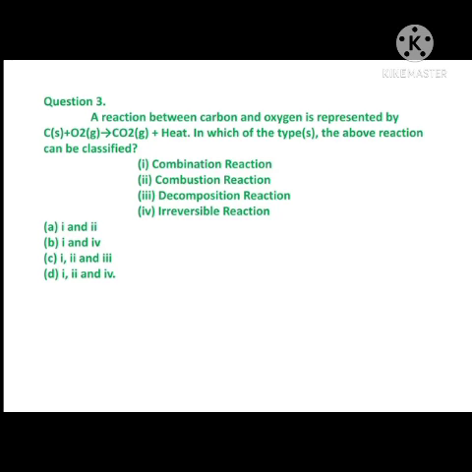Combination reaction means in a reaction two or more reactants combine to form a compound. Here carbon and oxygen combine together to form carbon dioxide. So, this is a combination reaction.